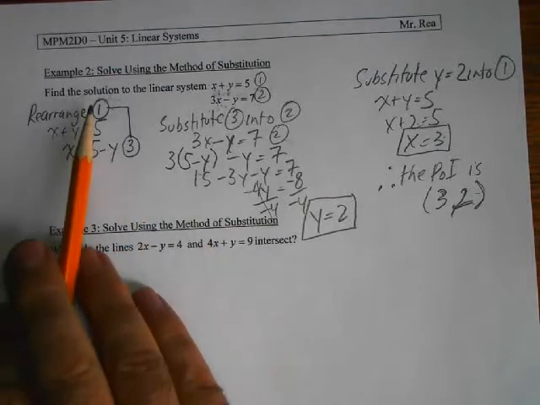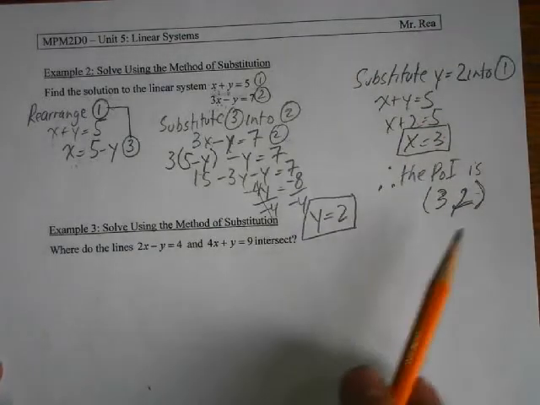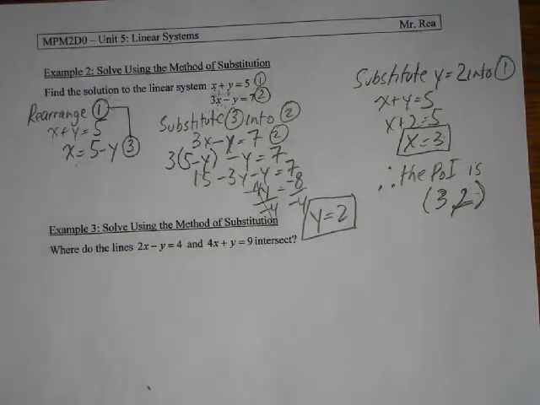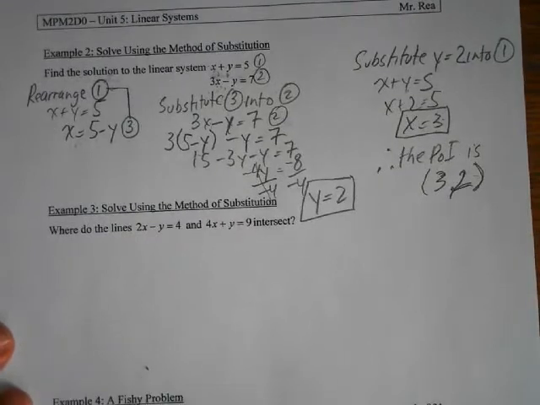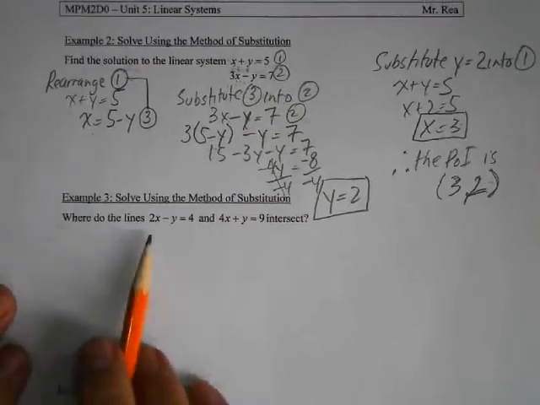What's the solution to the linear system? The answer is always the point where they meet. So you can always answer back by just saying, therefore the POI is. If you want to change the wording, that's fine, but I don't want you to get confused. These first 3 questions are all asking for the same thing. Where do these lines intersect?